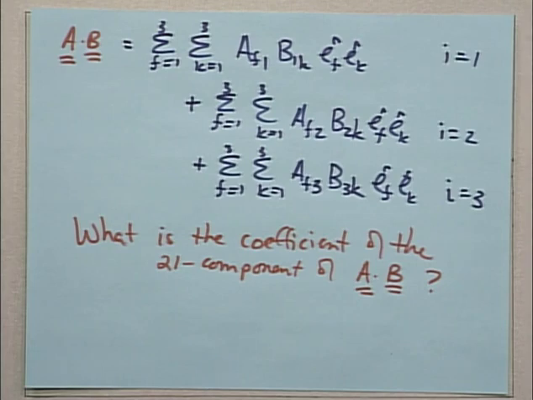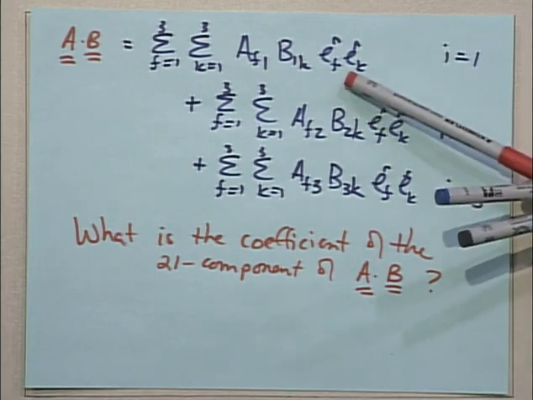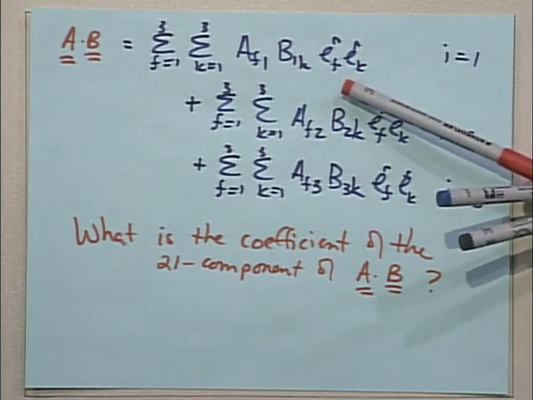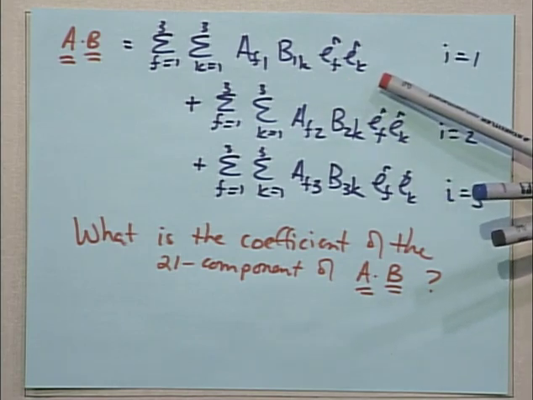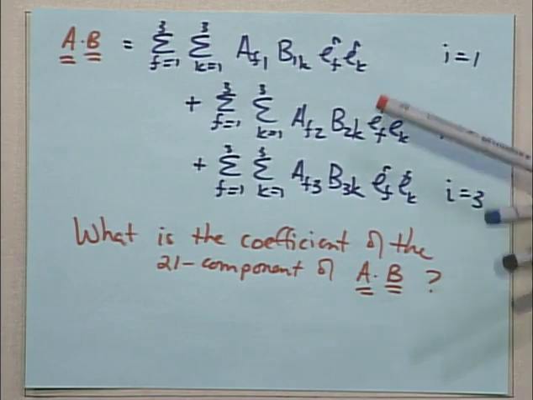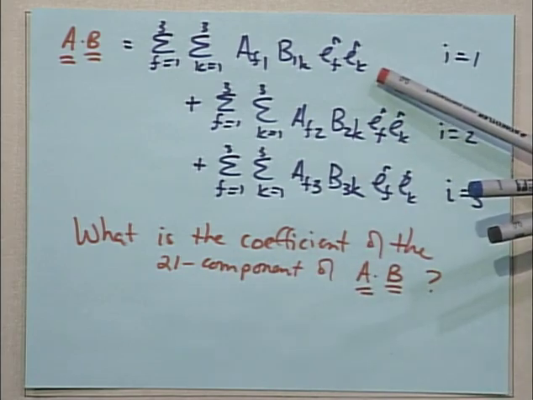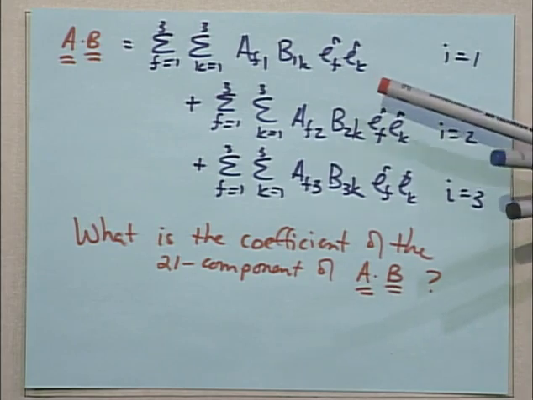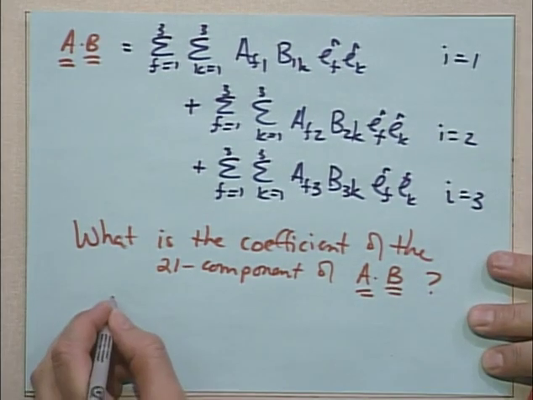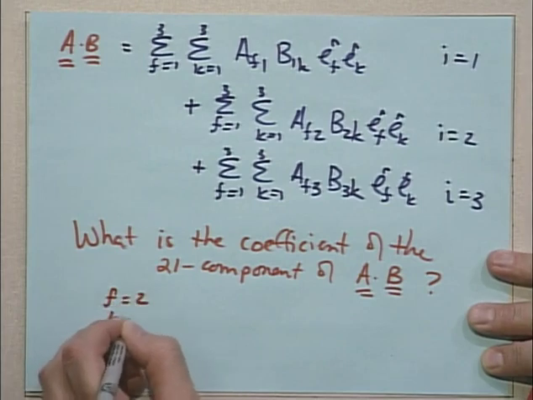It's tricky. The 2-1 component is all the terms that have E2, E1. What does F have to be? F is the coefficient of the first E, so F has to be 2, right? K is the coefficient of the second one. We're looking for the 2-1 component, so what does K have to be? Right. So all we have to do to answer this question is F equals 2, K equals 1.